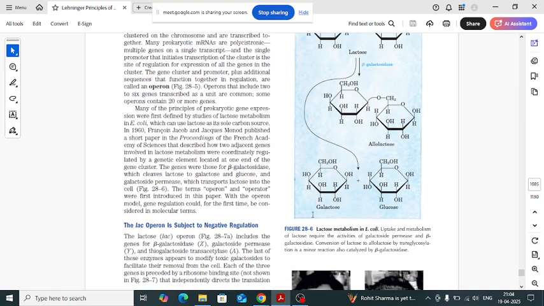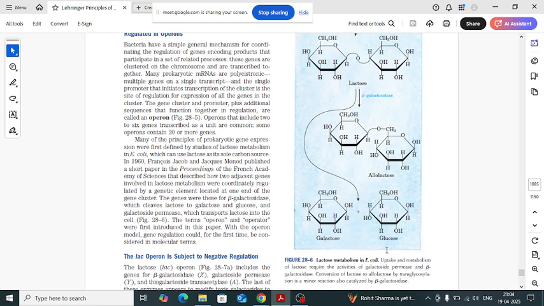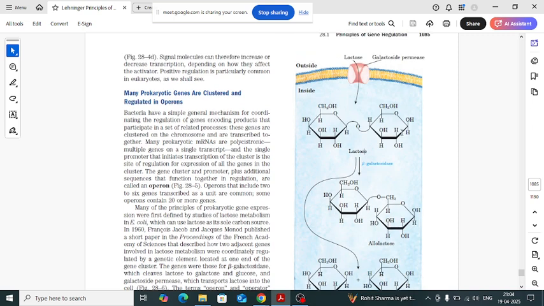Now this glucose can be used by the prokaryotic cell, which can enter into the glycolysis and produce ATP, right?